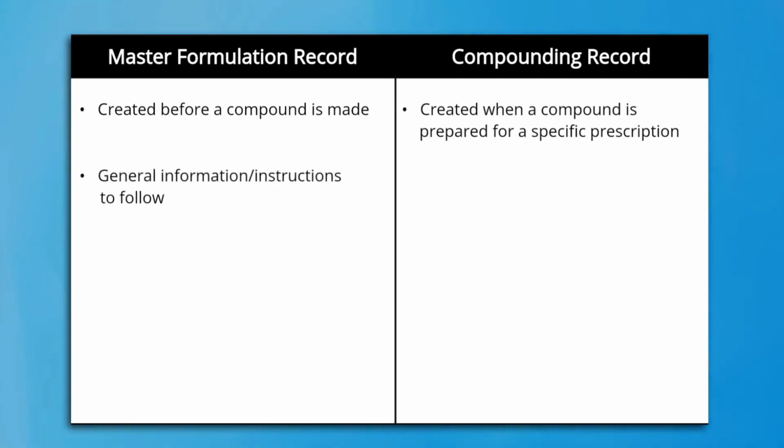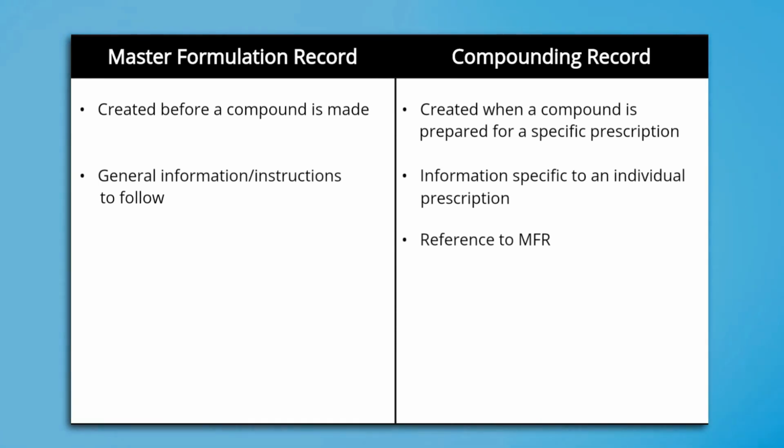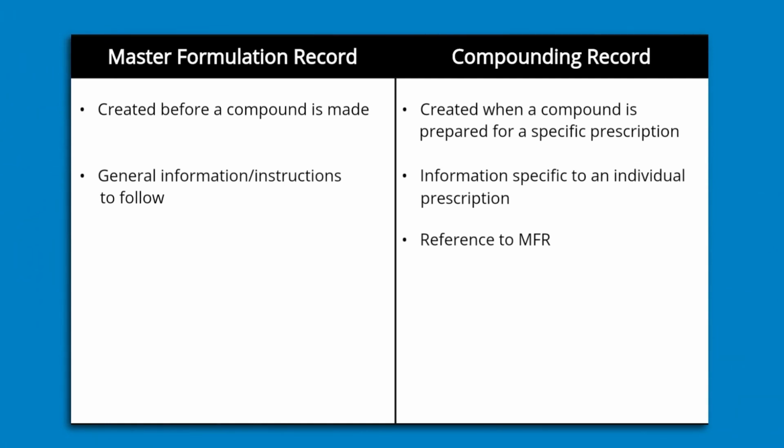The MFR contains general information and instructions to follow and acts as a recipe or guide, but the compounding record contains information specific to an individual prescription and is retained as part of the patient record. The compounding record must reference the MFR. In other words, you need to review the MFR every time you prepare a compound and document this on your compounding record.